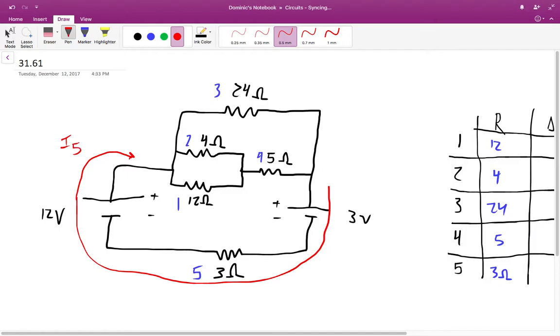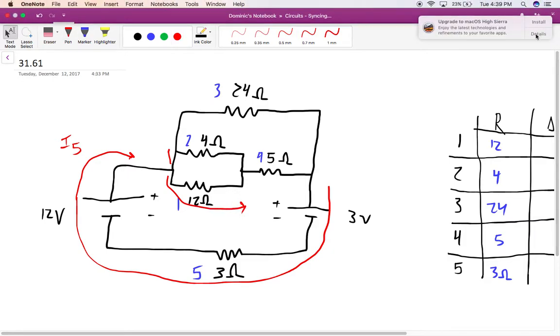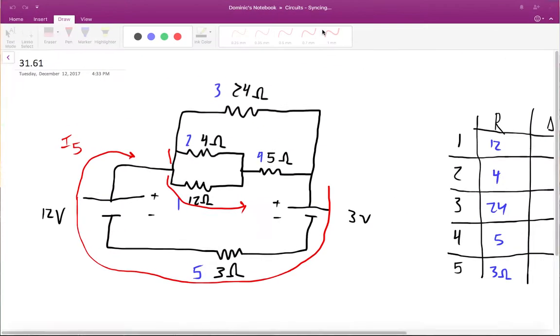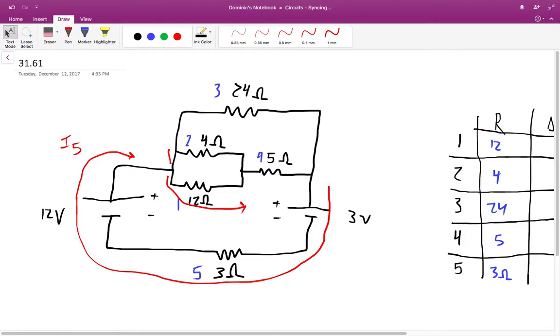When the current gets to this first junction here, it has a couple of different pathways it could take. One is it could go up in this direction, and then it's going to meet another junction. Or it could go down through the 12 ohm resistor, so we'll call that current I1.